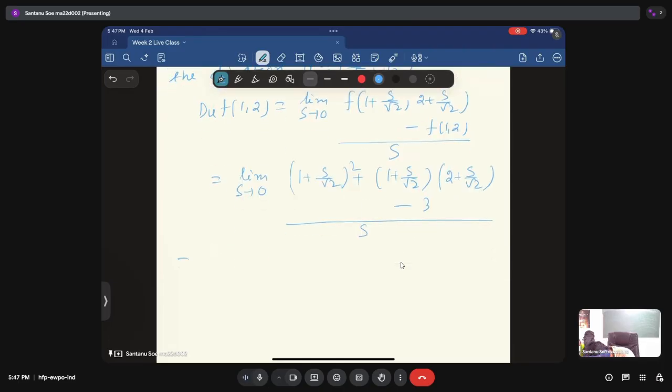And this will be the limit as s tends to 0 of 1 plus 2s by root 2 plus s squared by 2, plus 2 plus s squared by 2, plus 3s by root 2, minus 3, all divided by s.